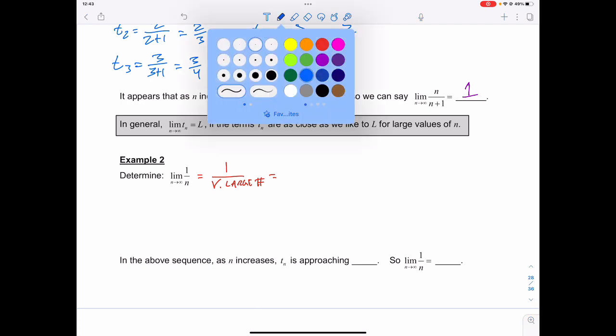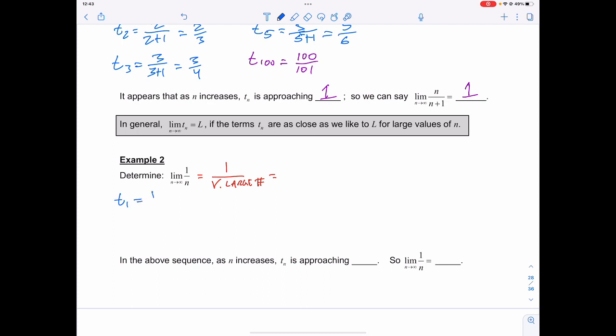Well, if I had term 1, it would just be 1 over 1, or 1. If I had term 2, it would be 1 over 2, or 0.5. If I had term 10, it's going to be 1 over 10, or 0.1. And if I had term 100, it's going to be 1 over 100, or 0.01.